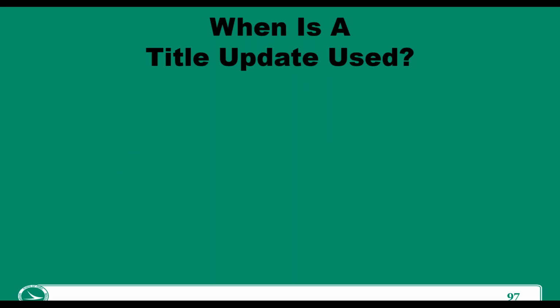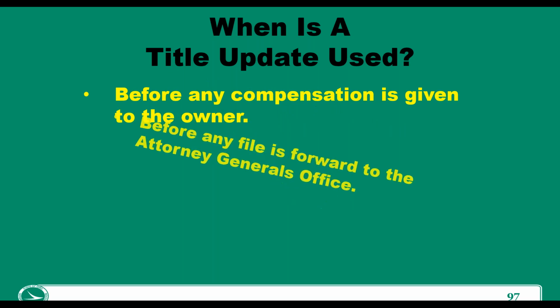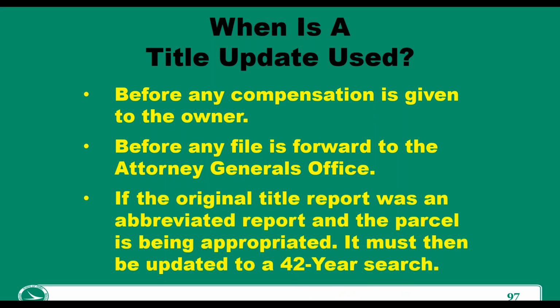So when is a title update used? Well, before any compensation is given to the owner, before any file is forwarded to the Attorney General's office, and if the original title report was an abbreviated report and the parcel is being appropriated, it must then be updated to a 42-year search.